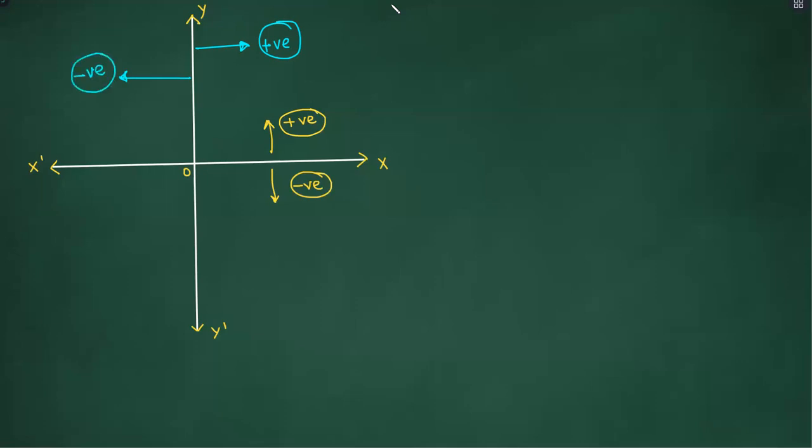I hope this is absolutely clear. So let's just consider a system like this. I'm assuming they are 90 degrees to each other, and y dash.